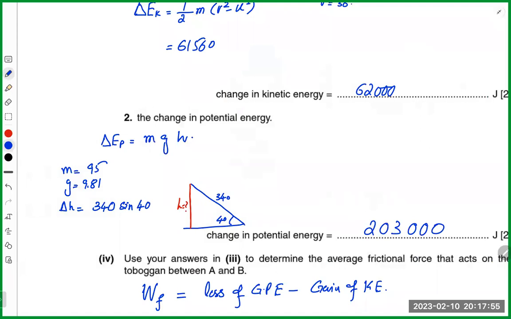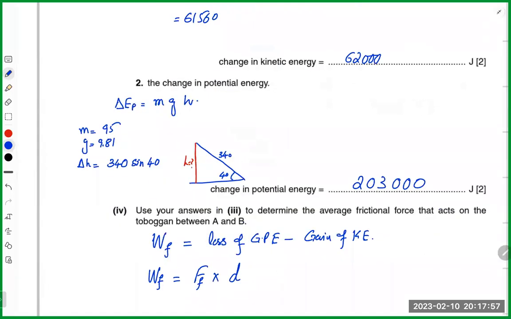So this will be the loss of gravitational potential energy. So you can clearly see the loss of gravitational potential energy is more and gain of kinetic energy is less.